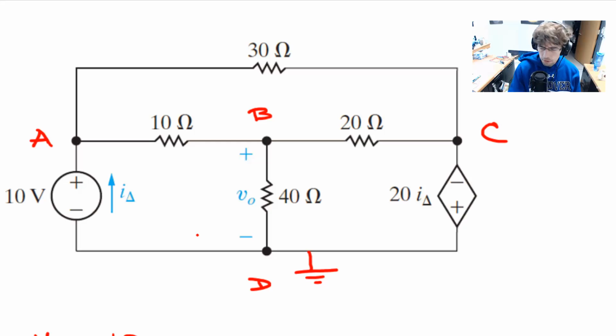And if we go through and hack through the rest of it, that would mean that instead of node C being below ground, it's actually the highest potential. It's 64. So I'll put 64 volts here.